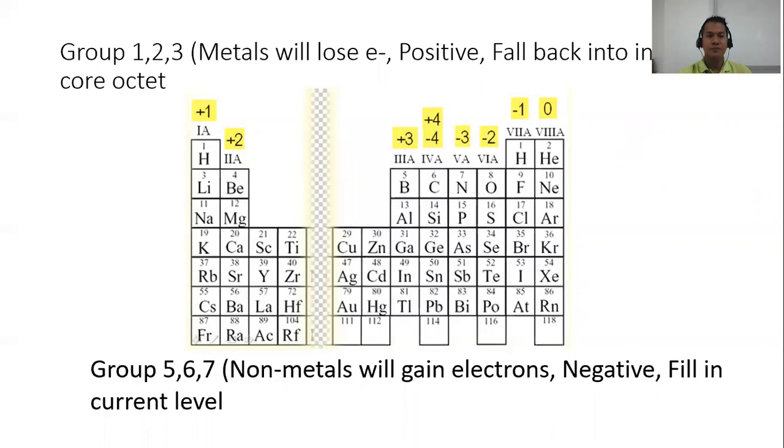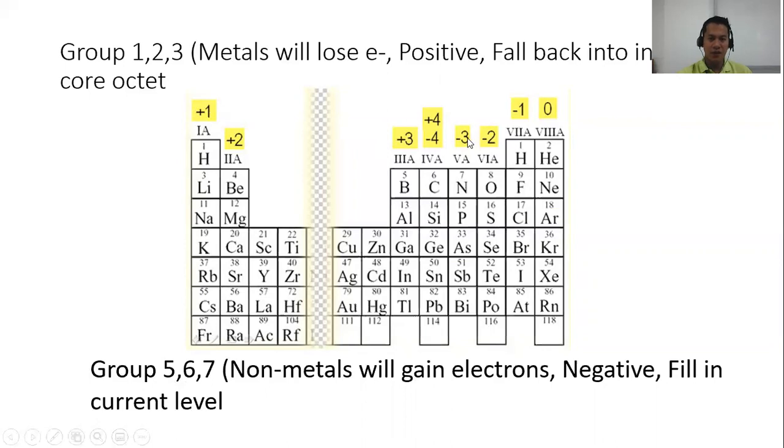Okay, so let's take a look at the ionic charges. For group 1, the ionic charge is +1. Group 2 will be +2. Group 3 will be +3. All these are positive. We call them cations. Next, groups 5, 6, 7 will gain electrons depending on where they are.